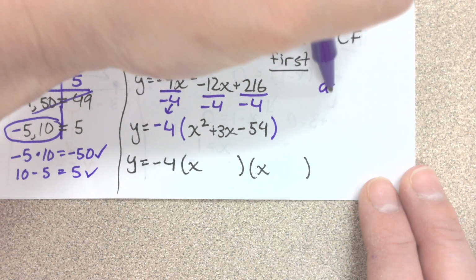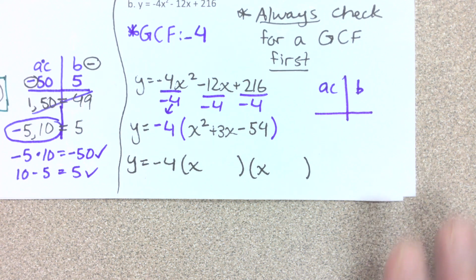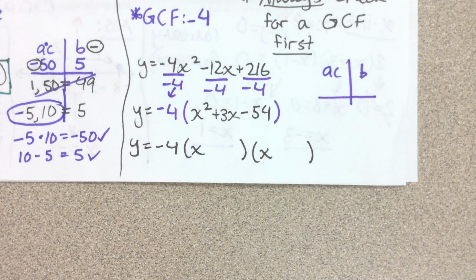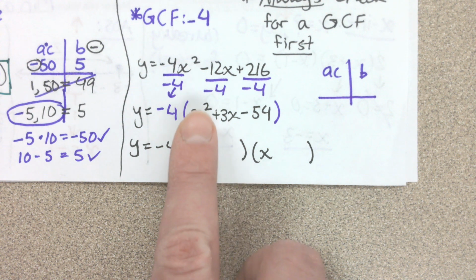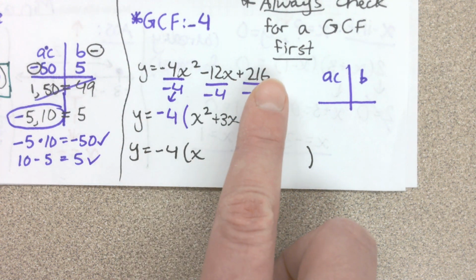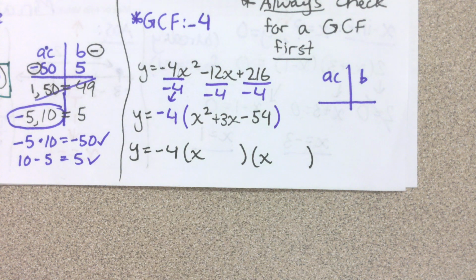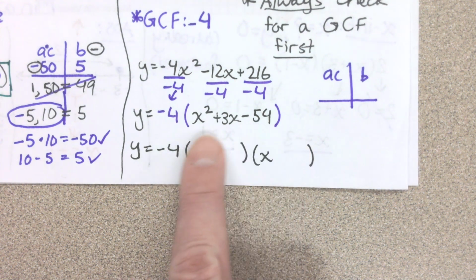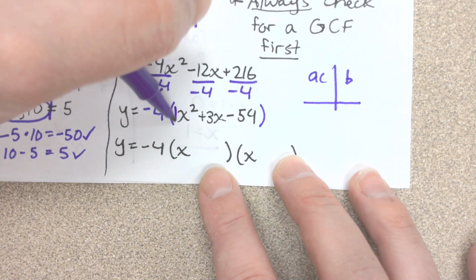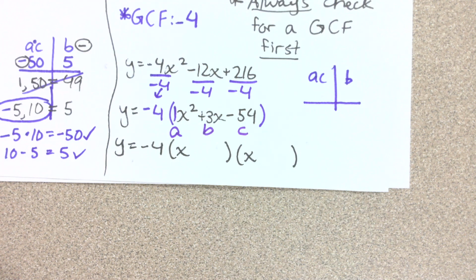ACB chart. When you label A, B, C, we're factoring this trinomial here, not the original one. So don't label ABC up here. That would just undo all the work we just did. ABC is right here. A is 1, B is 3, C is negative 54.